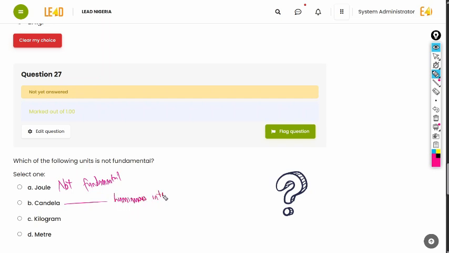It tells you how bright an object is. This is mass, which is fundamental, and length is also fundamental. So the correct option is joules, option A.